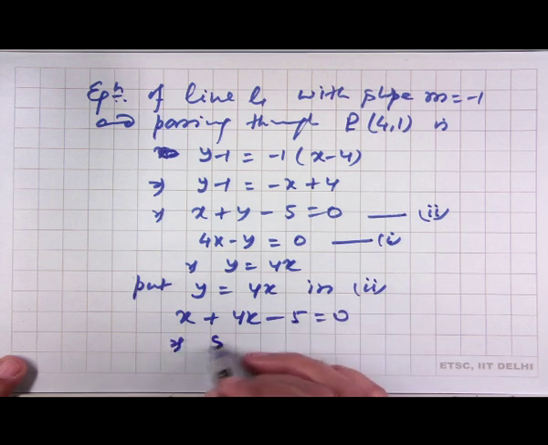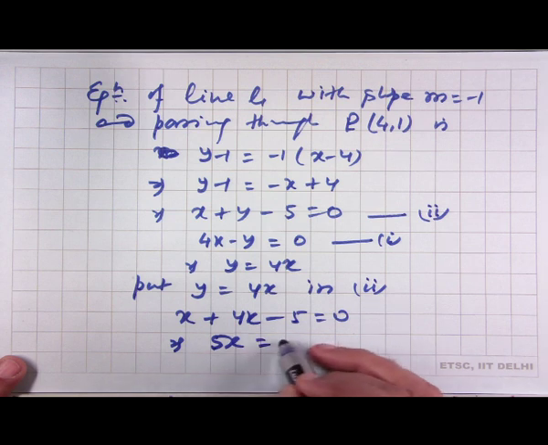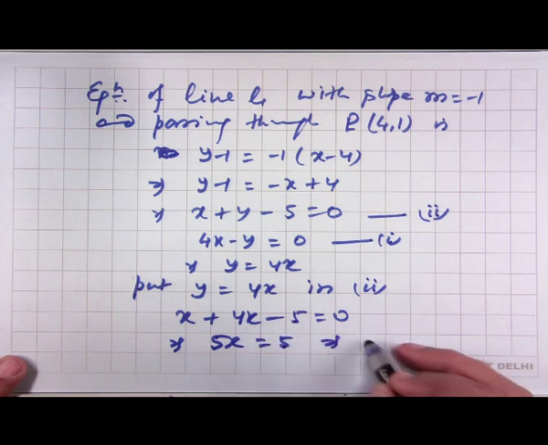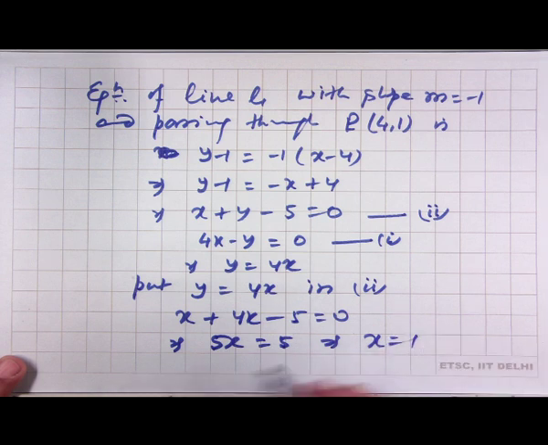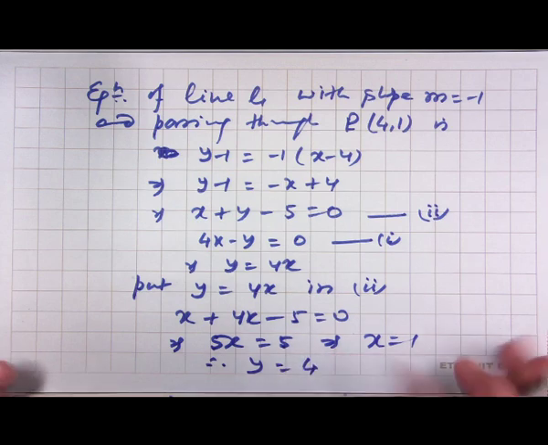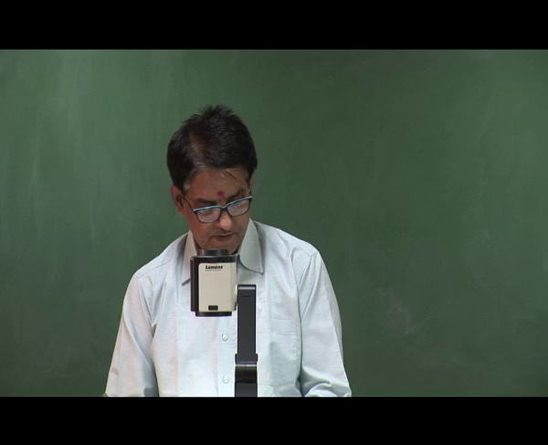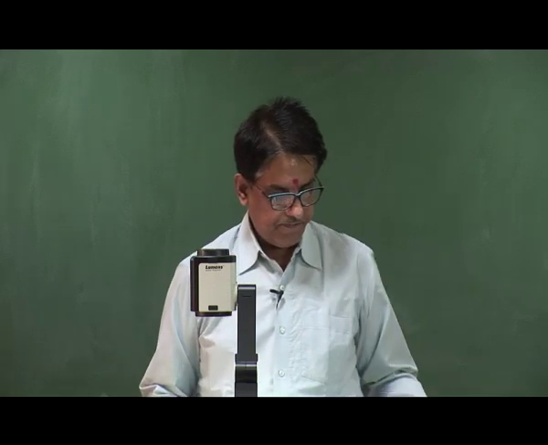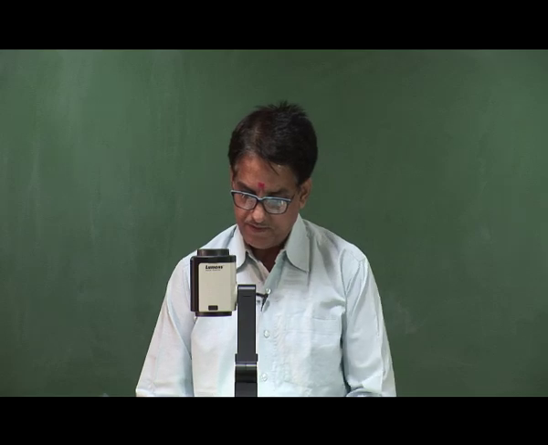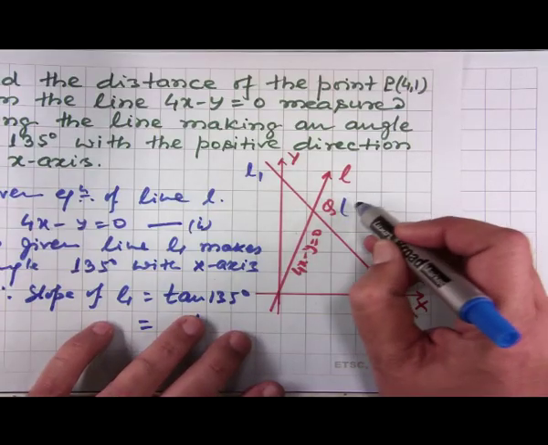This implies 5x equal to 5, so x equal to 1. So y equal to 4. It means we get the point of interest, this point Q, as (1, 4).